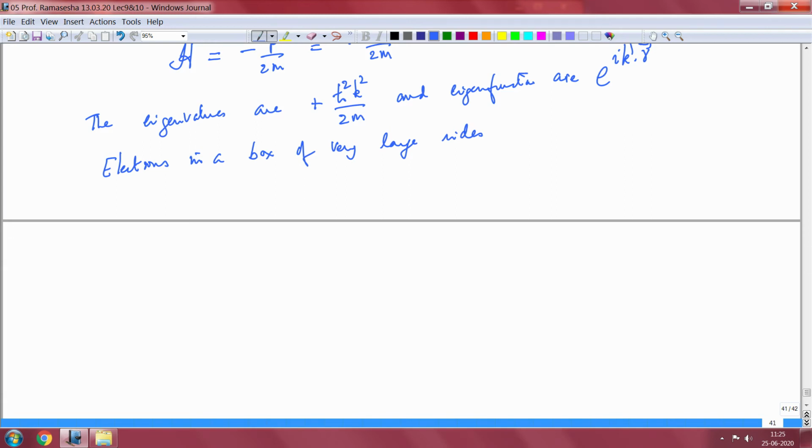But because we are dealing with metals which have finite dimensions, it makes sense to deal with a box which has the size of the dimensions of the metal.